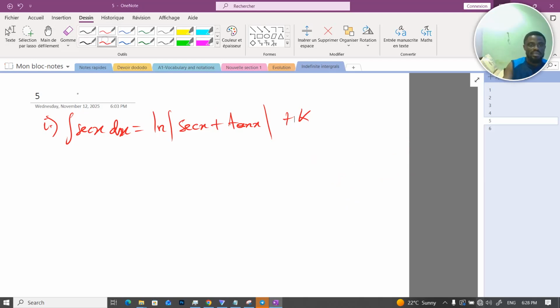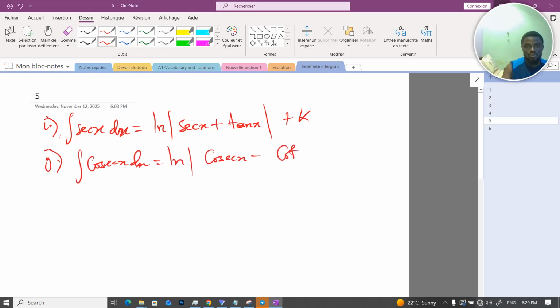So the last one is the integral of cosec x dx. This will be simply equal to ln of the absolute value of cosec x minus cot x.